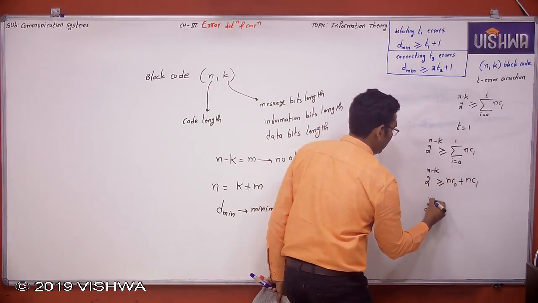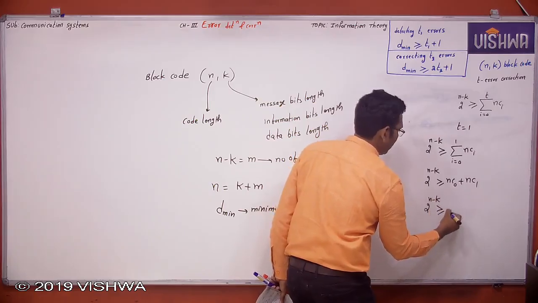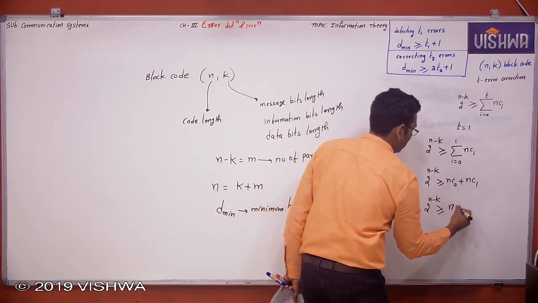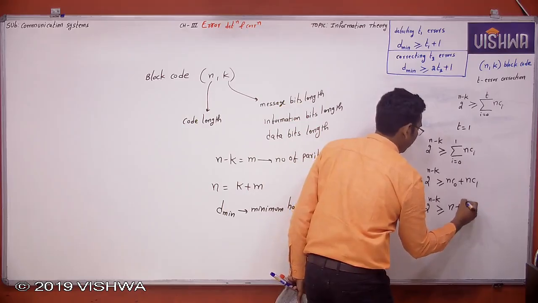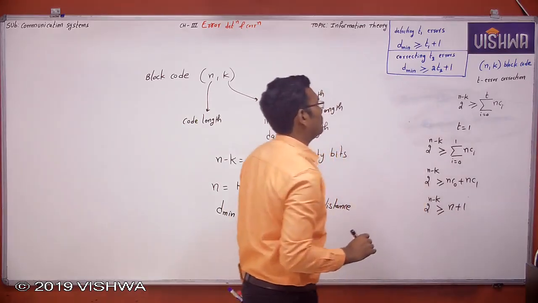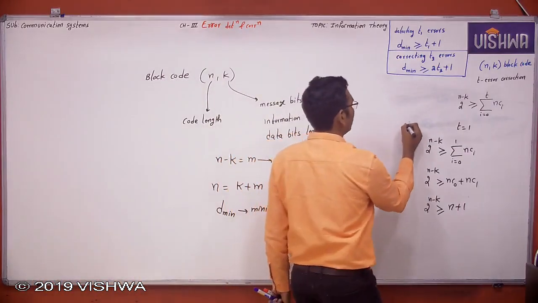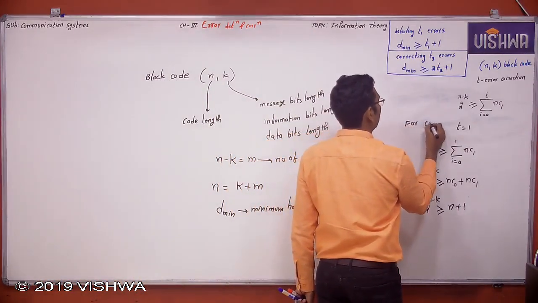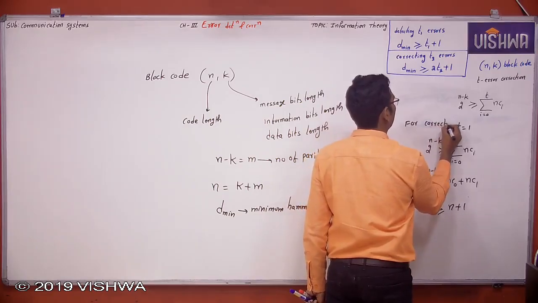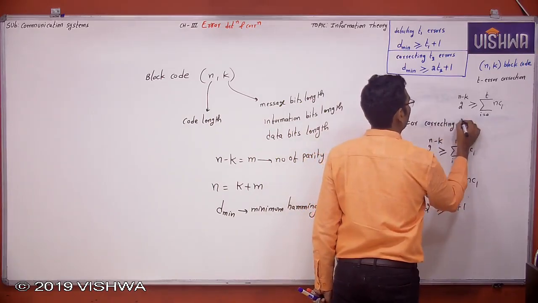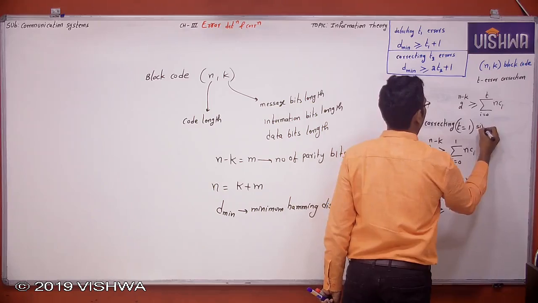So 2 power n minus k is greater than or equal to 1 plus n, this is 1 and this is n plus 1. Now this is for correcting a single error, am I not?